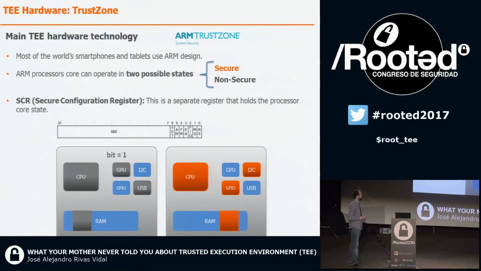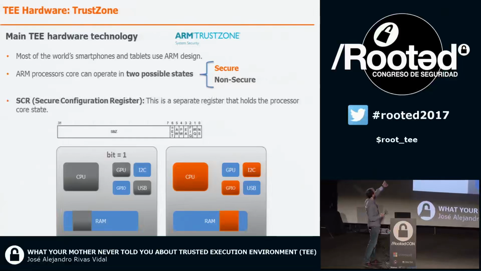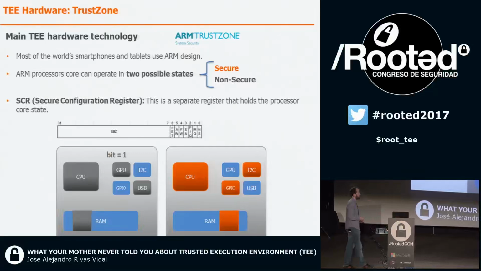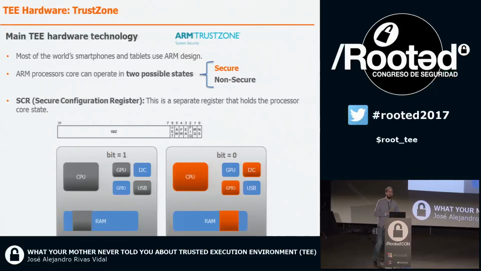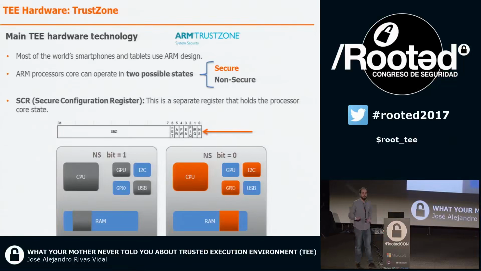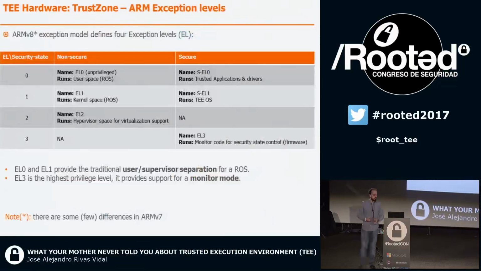These states of the processor are represented in a bit that is stored in a register called Secure Configuration Register, or SCR. When that bit equals 1, it refers to the non-secure state. When the bit is 0, it refers to the secure state. And if we research here, we'll see that we refer to that bit as the non-secure bit.